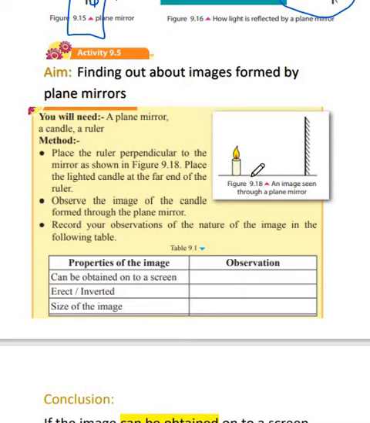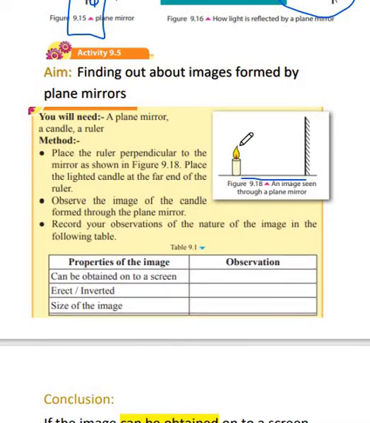You place the ruler on a table and fix the candle at the end of the ruler, and place a mirror such that it is perpendicular to the ruler. Perpendicular to the ruler means the angle between the ruler and the mirror is 90 degrees. Okay guys, 90 degrees. Once you do that, you record your observation in this table.